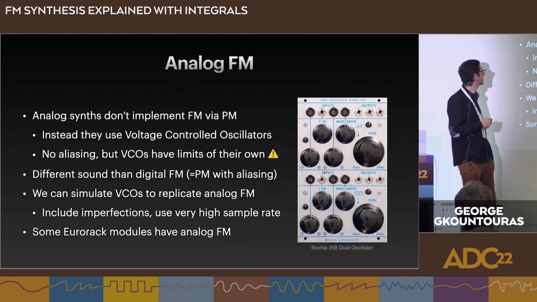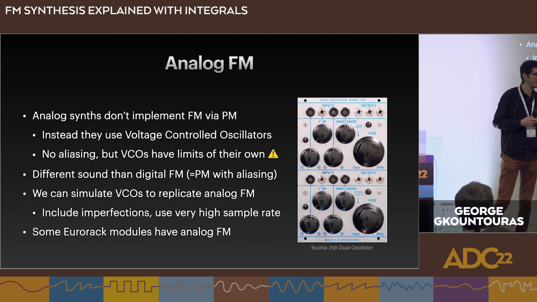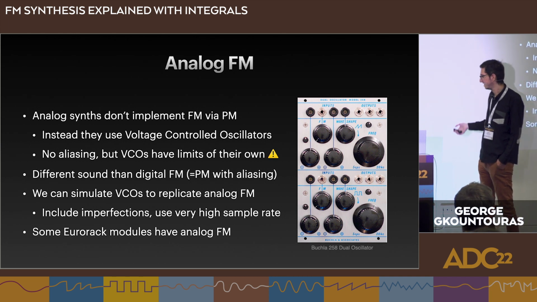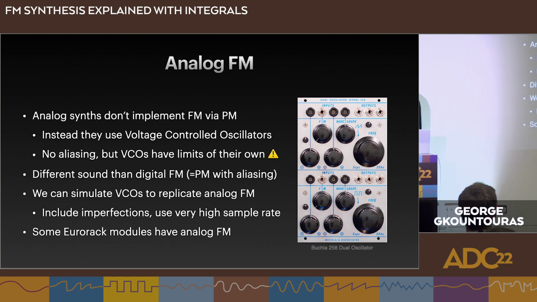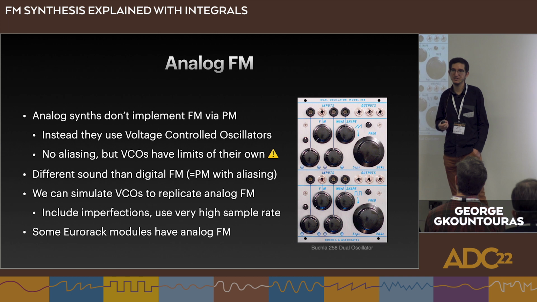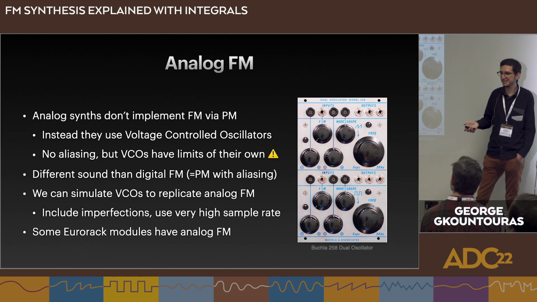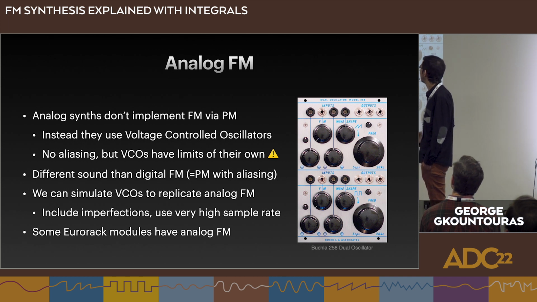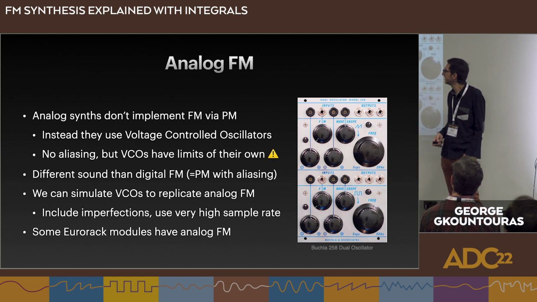Okay, so let's look at analog FM once again. What we can consider here is that analog synths don't implement frequency modulation with phase modulation like digital synths do. Mostly, again, this is not always the case, but some of the examples we've seen do that.